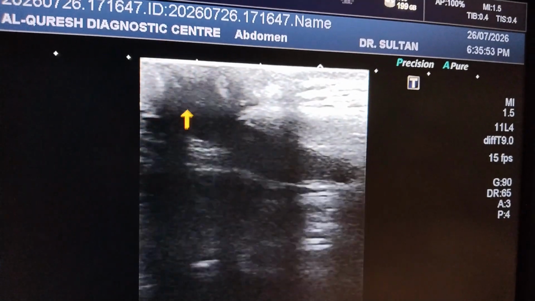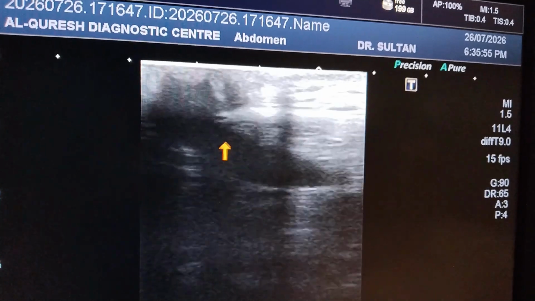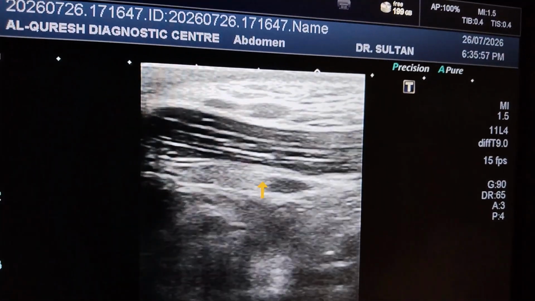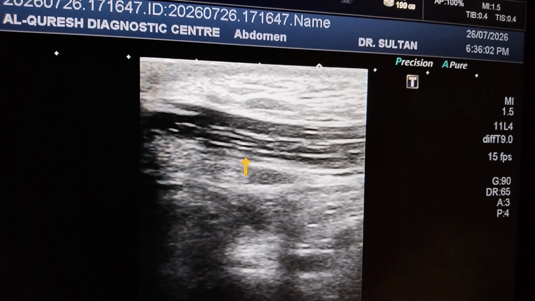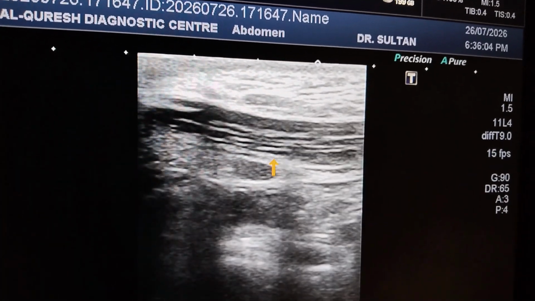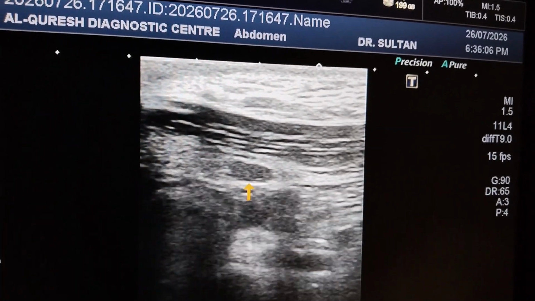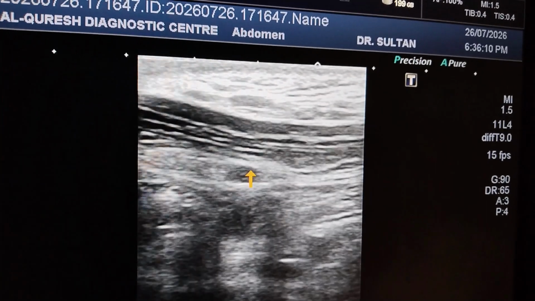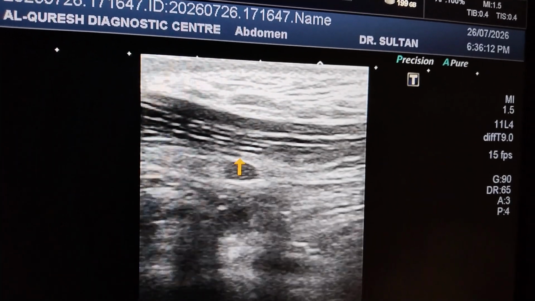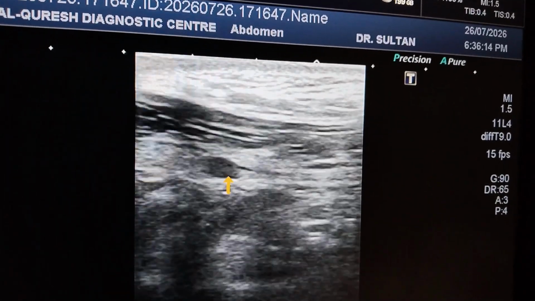This is the umbilical tissue, and the urachus lies between the fascia transversalis anteriorly and the parietal peritoneum posteriorly, running in the anterior abdominal wall.